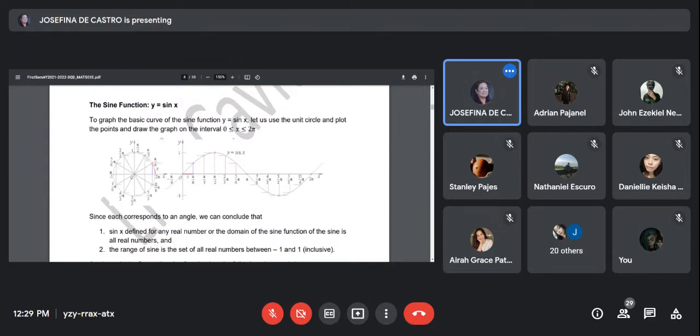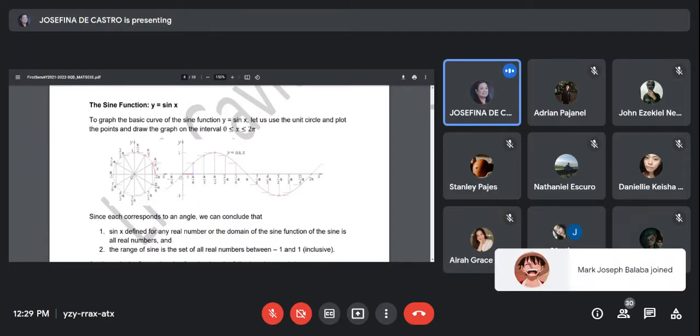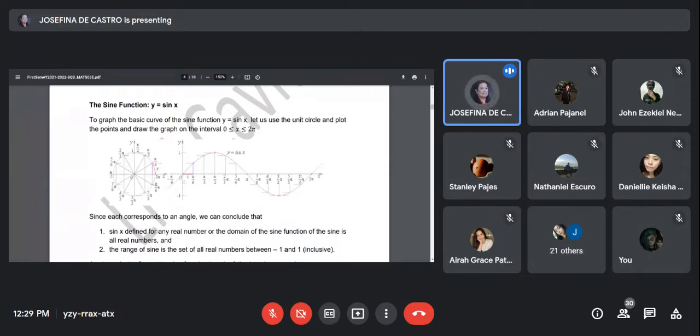Yan yung mga angles within the quadrants. Okay? And ilalatag lang natin siya, we will just spread it out horizontally with those given intervals. So makikita mo dito sa x, nilagay lang natin si 0, pi over 6, pi over 3, pi over 2, 2 pi over 3, and so forth.